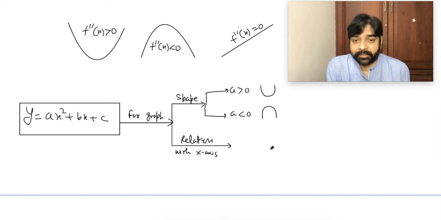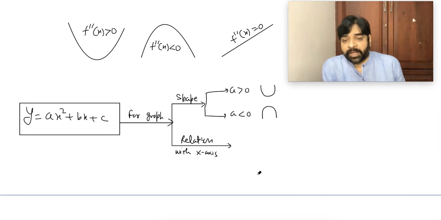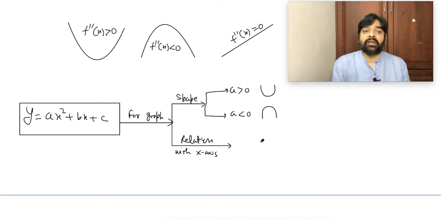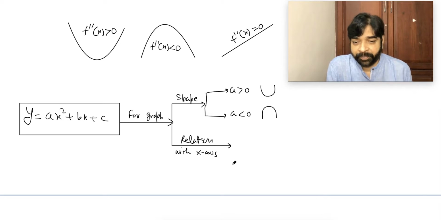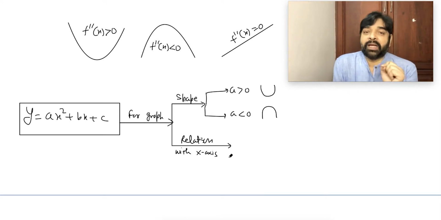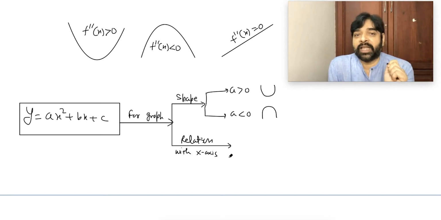Be clear, I'm just trying to save you from doing so many questions and remembering formulas. These things can take care of everything. Relation with the x-axis. Think about that. Whenever the graph does something with the x-axis, that defines the roots of the quadratic equation.